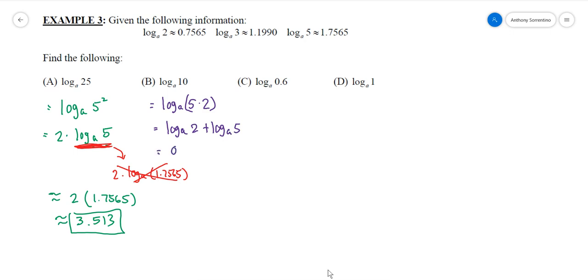And that's going to be 0.7565 plus 1.7565. Probably put the wavy equal sign there, which is approximately equal to 2.513.